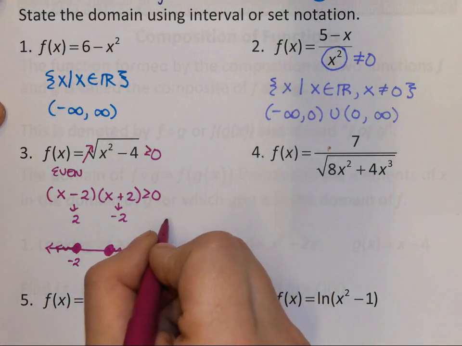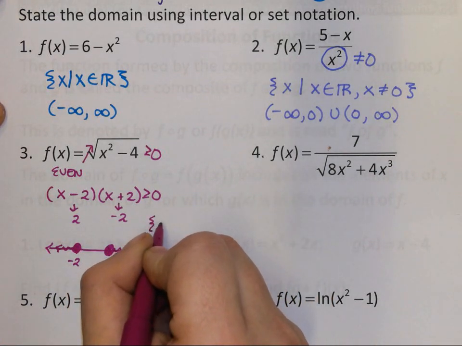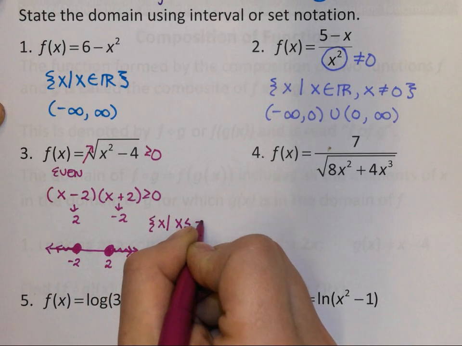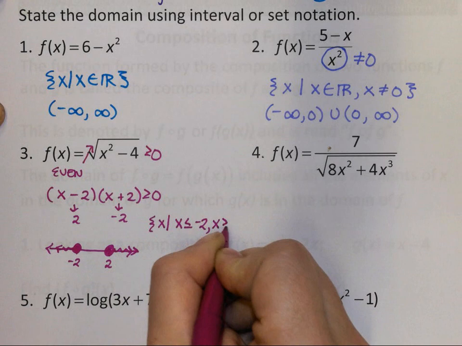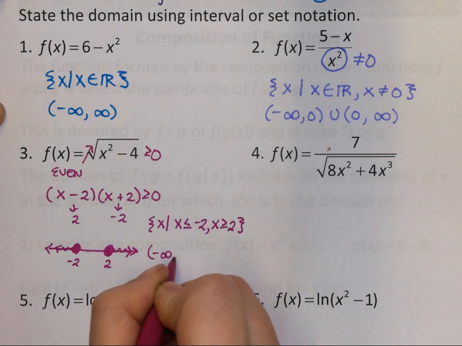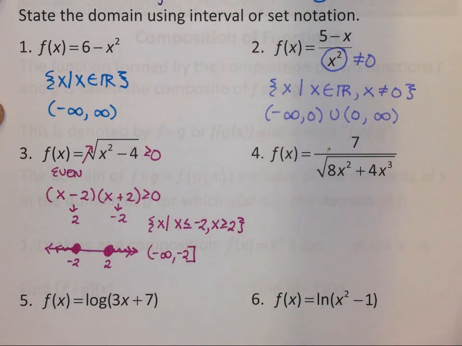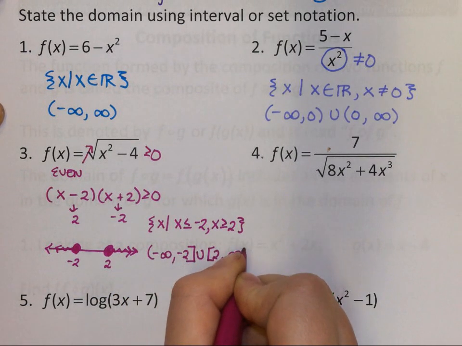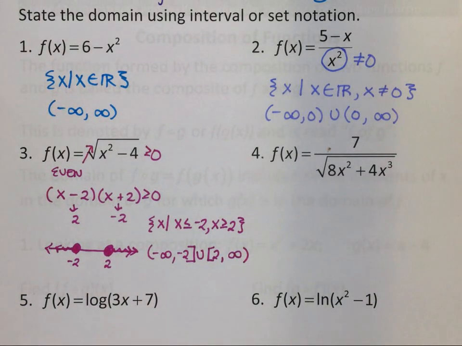So that means my final answer for this, either in set notation, x is less than or equal to negative 2, x is greater than or equal to 2, or interval notation, negative infinity to negative 2, this time with a bracket, union 2 to infinity and beyond.